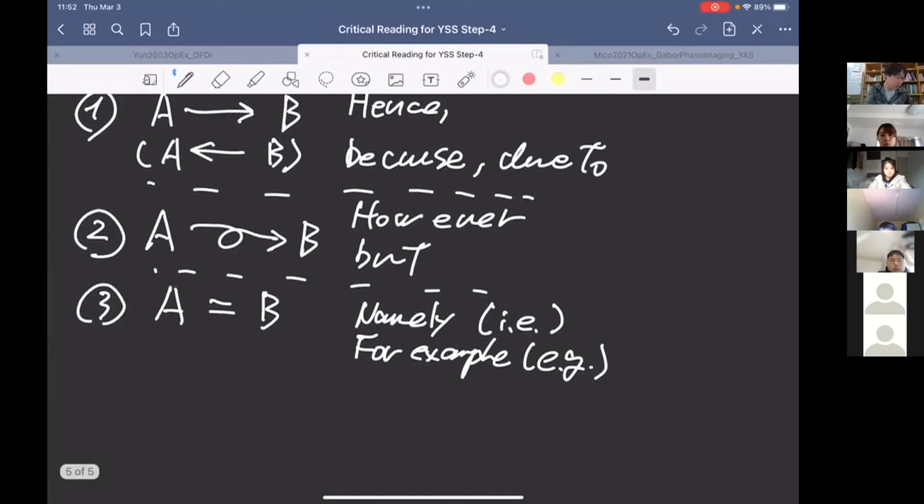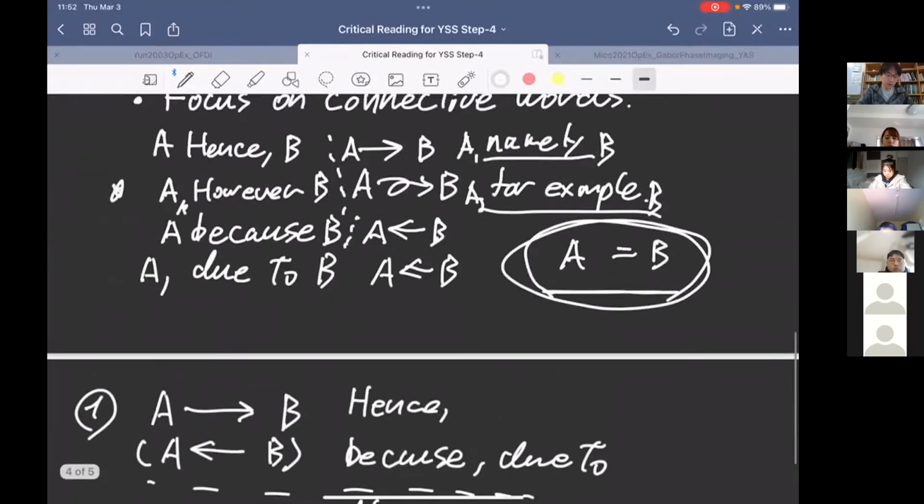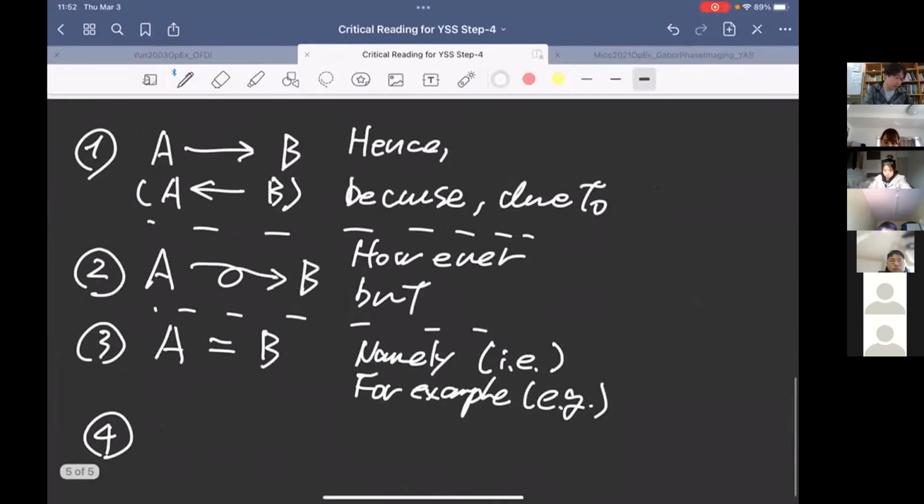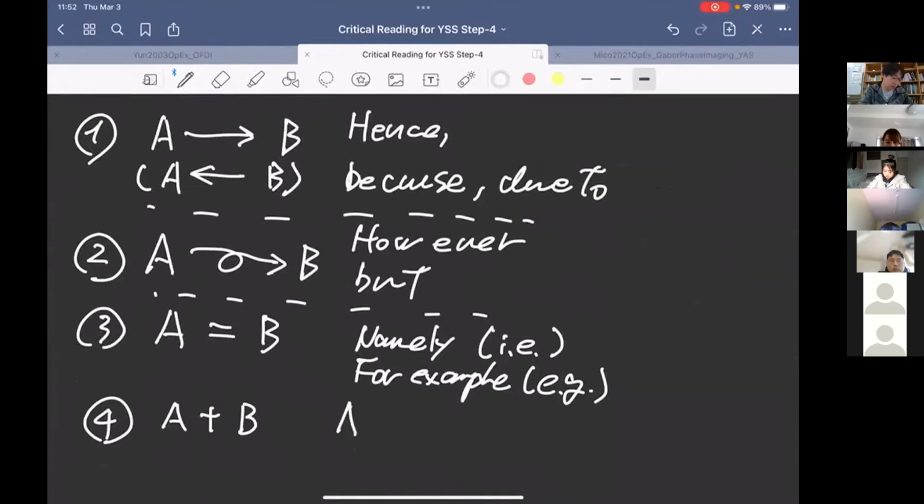Okay, and there is actually the fourth form. It's plus: A plus B, additional information in addition to B. So for this one, for example, you can use "in addition" or "furthermore."